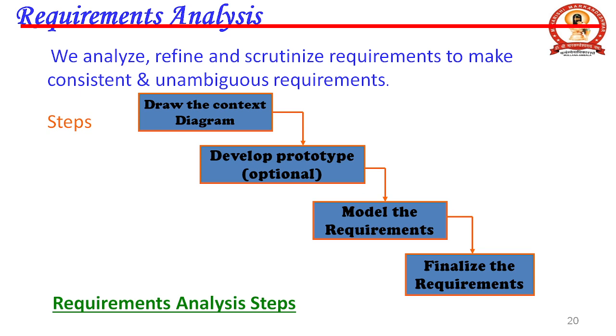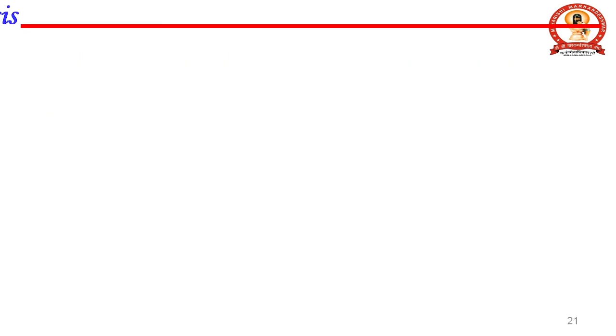So how to achieve it? We can make a context diagram for the requirement. Then it is mandatory to make a prototype. If it is reviewed, then it is fine. Otherwise you have to model the requirement. Then after, the structure is deployed and you have to finalize the requirement according to the analysis. That is the second phase of the requirement.